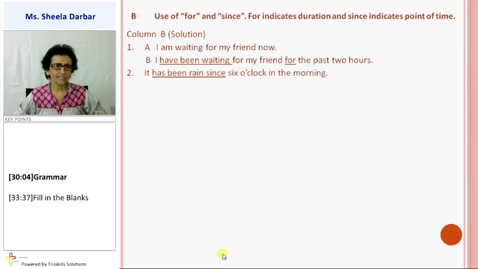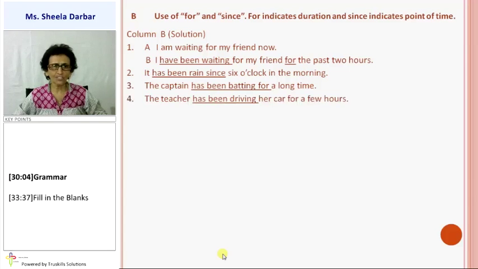Second, it has been raining since 6 o'clock in the morning. Meaning, still it is raining. Third, the captain has been batting for a long time. Now here the time duration is given and therefore you're saying for a long time. Fourth one, the teacher has been driving her car for a few hours. Again, time duration has been given.